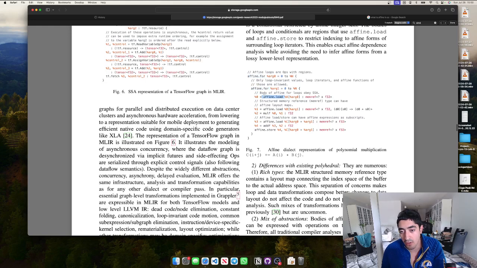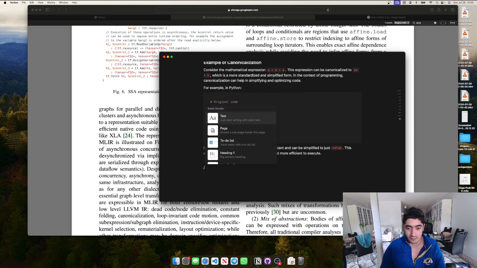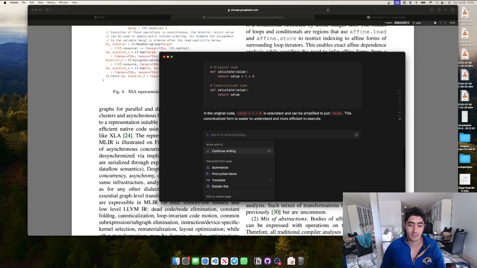Then we have the load. The body of affine for loops obeys static single assignment. I'm not sure what static single assignment is. Let's look it up.